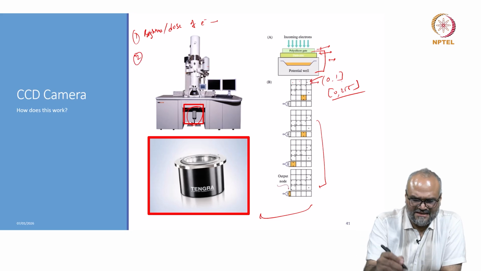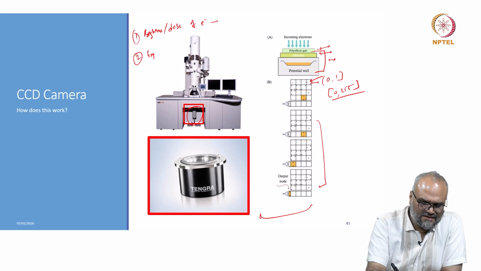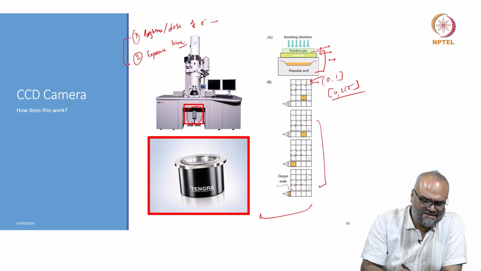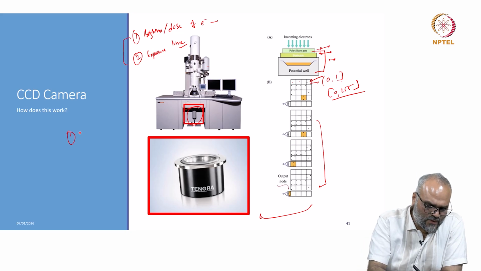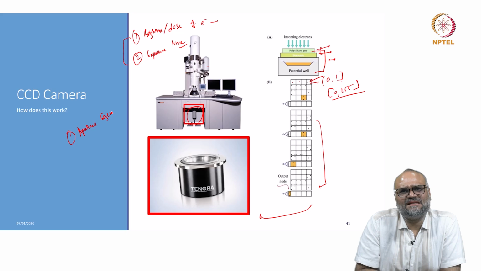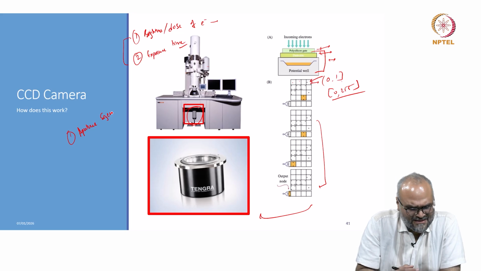The second thing is your exposure time, and you can control these either by playing with your aperture sizes. Typically you can use a smaller condenser aperture to allow a lesser amount of electrons to propagate through the column and then strike your detector.